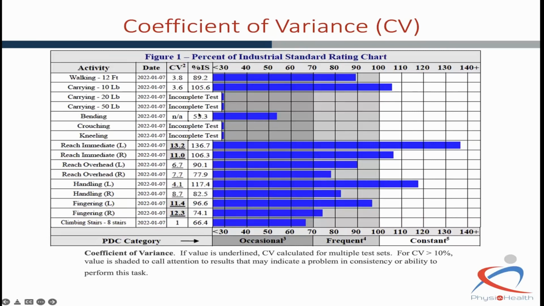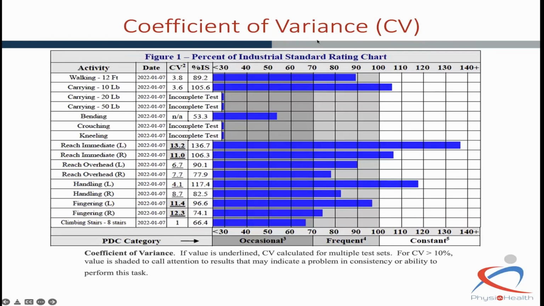Here is the industrial standard. Basically, this is the performance you would expect from an individual with similar age and gender who is not injured. They've taken thousands of people through these tests, and they've determined what the expected industrial standards of performance are.